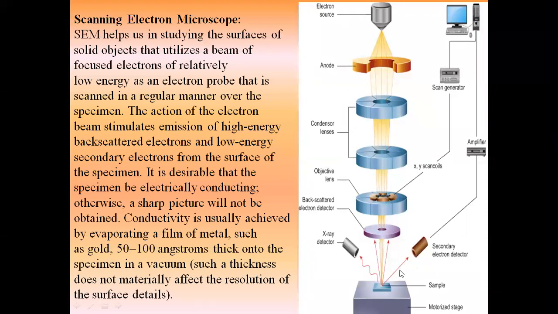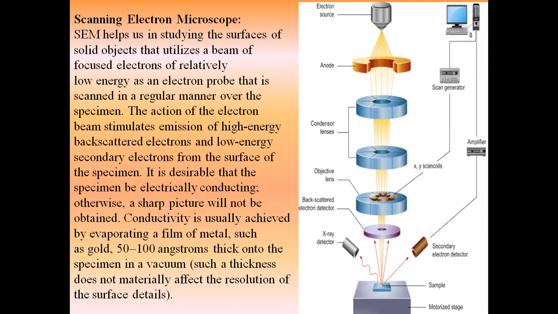Those secondary electrons are detected by your secondary electron detector. So it should be clear: electrons come from the electron source, the electron gun, and once they hit the sample, electrons within the sample may be released. Those released electrons are detected by your secondary electron detector.